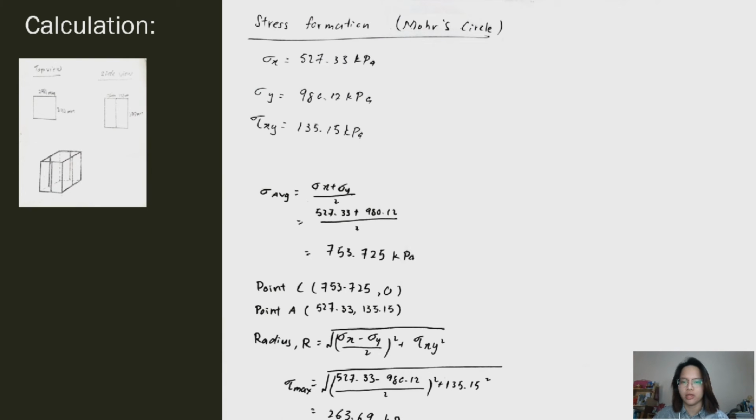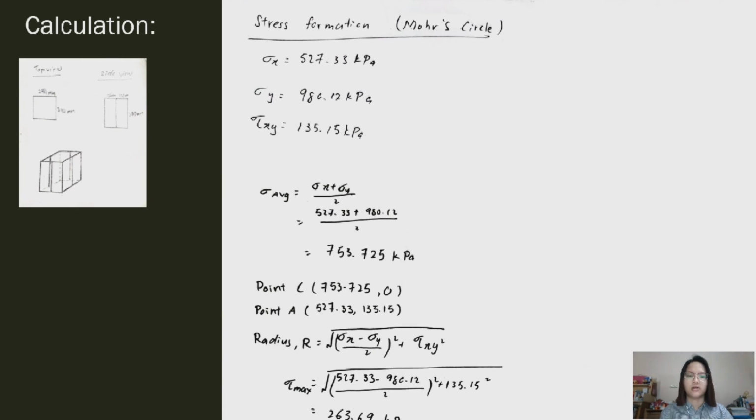As for point A, the x coordinate is sigma x and the y coordinate is tau xy. The radius of the Mohr circle is equal to the maximum in-plane shear stress, tau max, which can be calculated using the formula square root of ((sigma x minus sigma y) divided by 2) squared, plus tau xy squared.